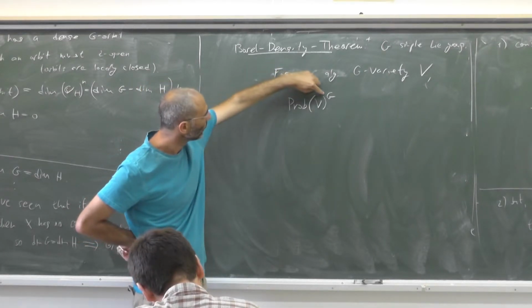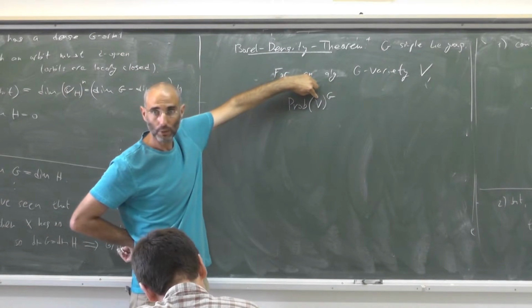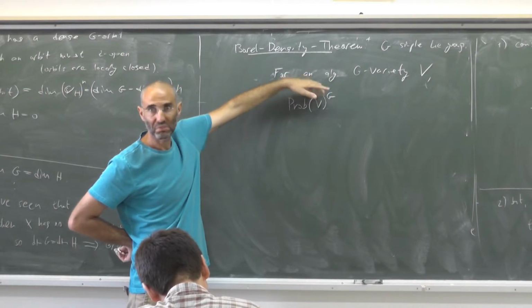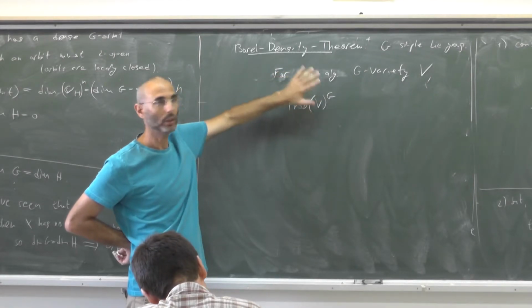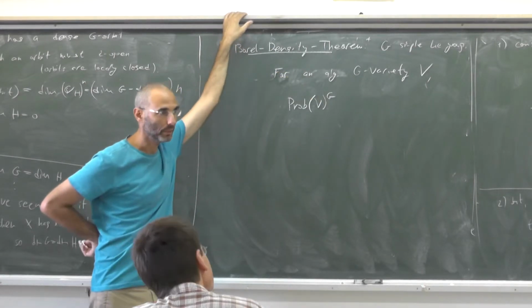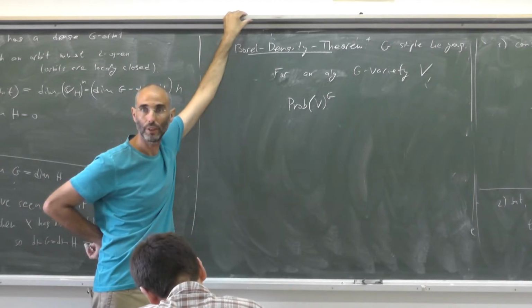Of course, the invariant probability measures are just convex combinations of ergodic ones. Let's try to understand what an ergodic invariant probability measure on V might be.